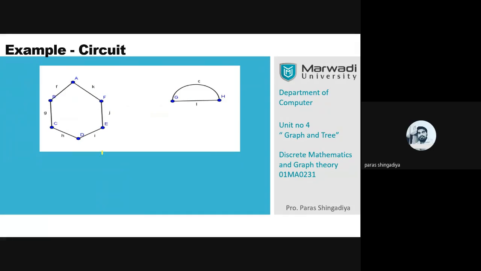This graph clearly lets you form a closed walk. It is the same here. And clearly every vertex in a circuit is of degree 2. Why is it true? Let us check.